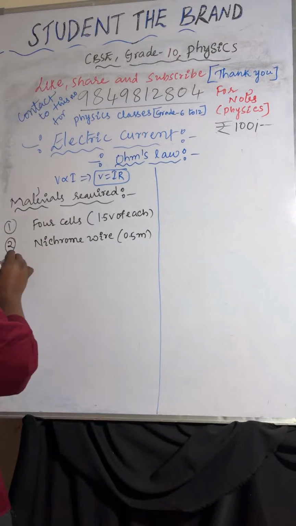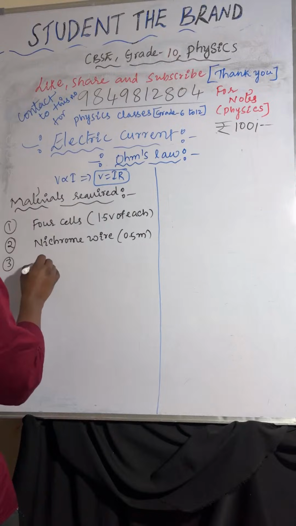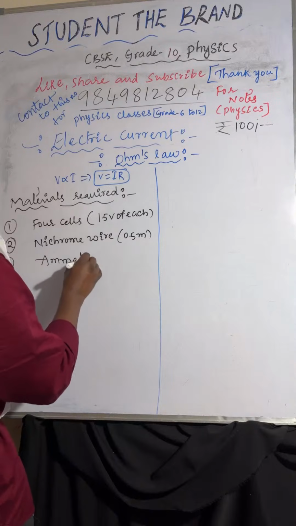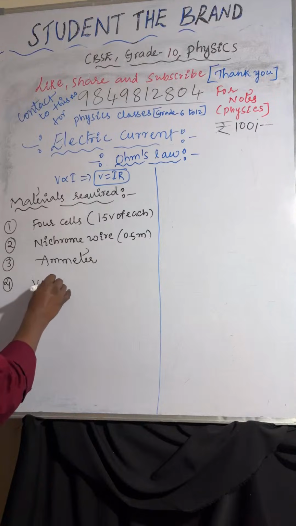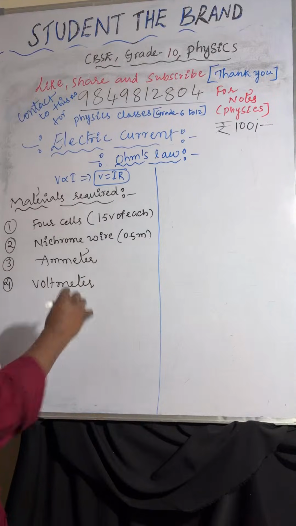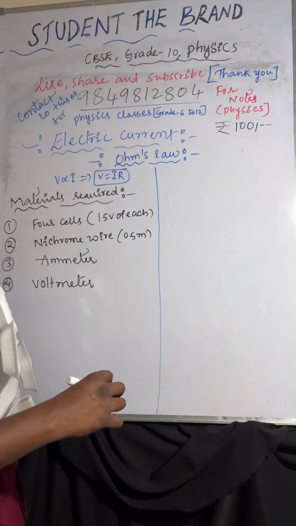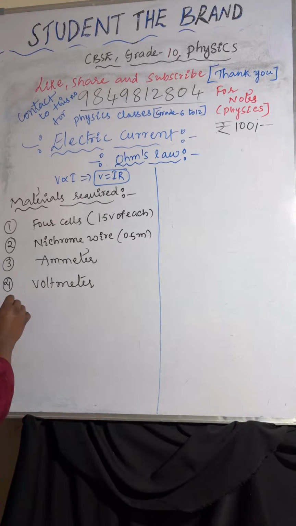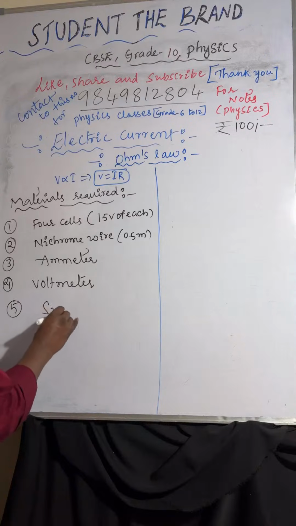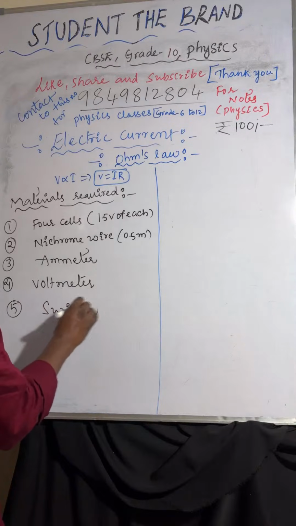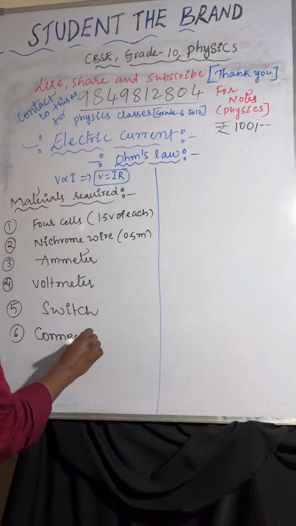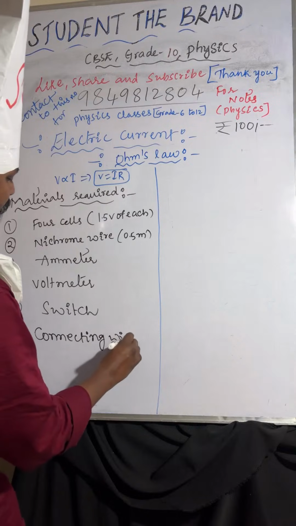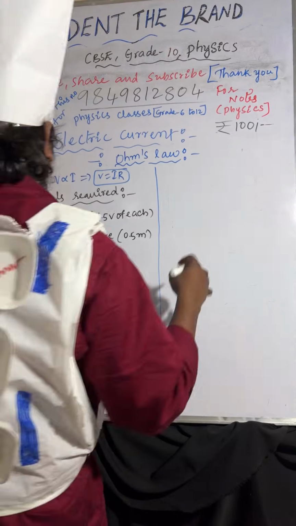Third is an ammeter. Fourth is a voltmeter. Fifth is a switch. And the sixth is connecting wires. So these are the materials required.